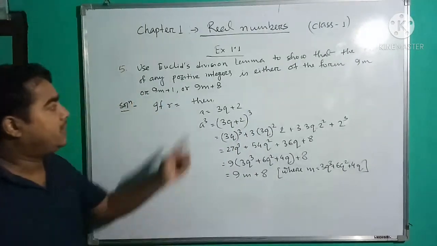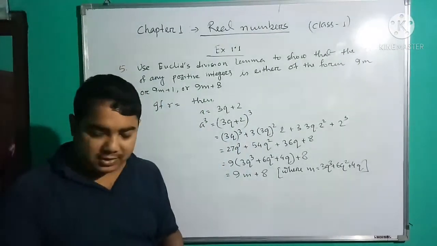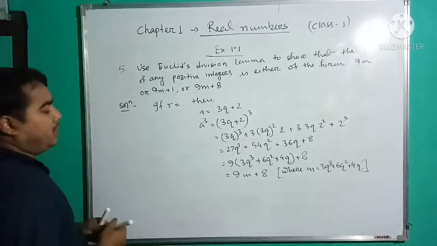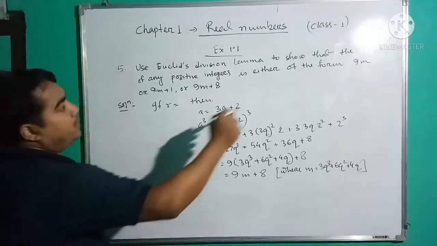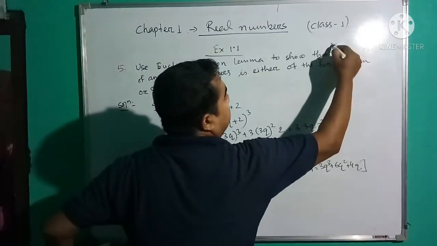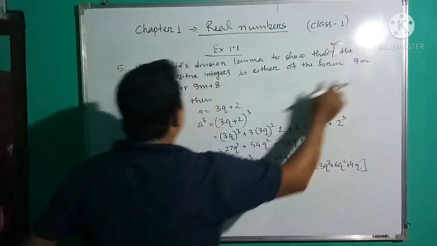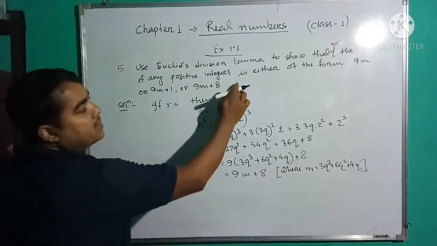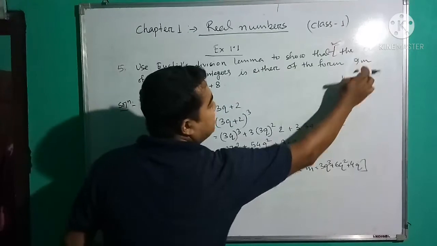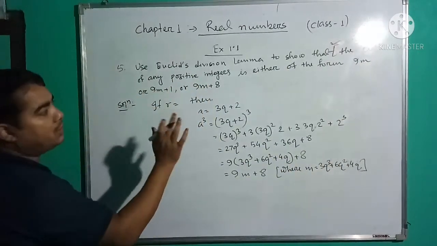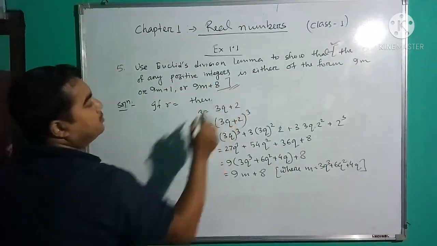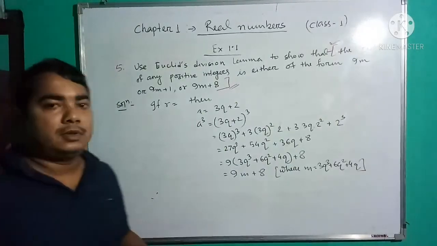See the last form, 9m plus 8. Okay, we got all the steps. So at last, therefore from here the cube of any positive integer is either of the form 9m, 9m plus 1 or 9m plus 8. You write this one. Okay, clear.